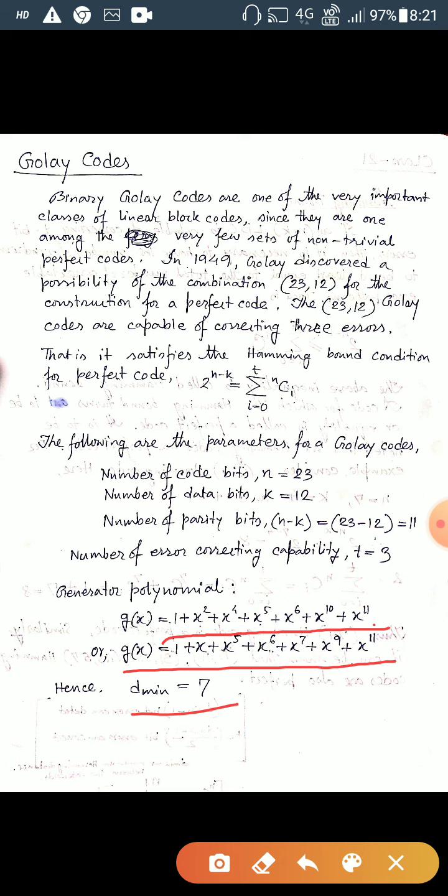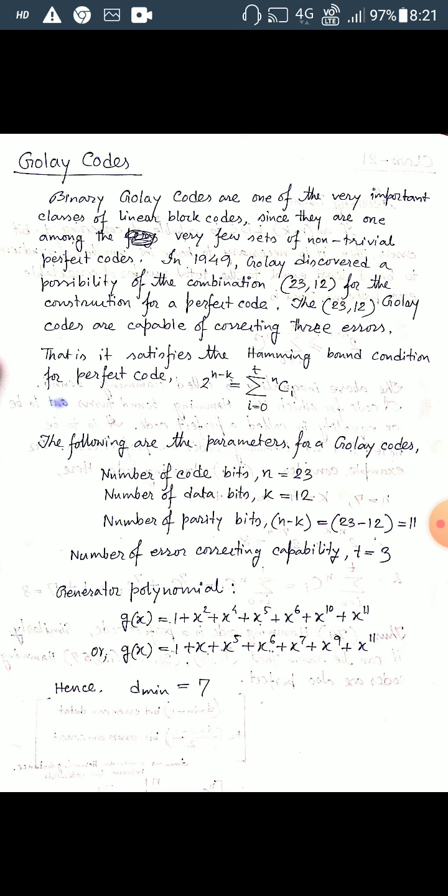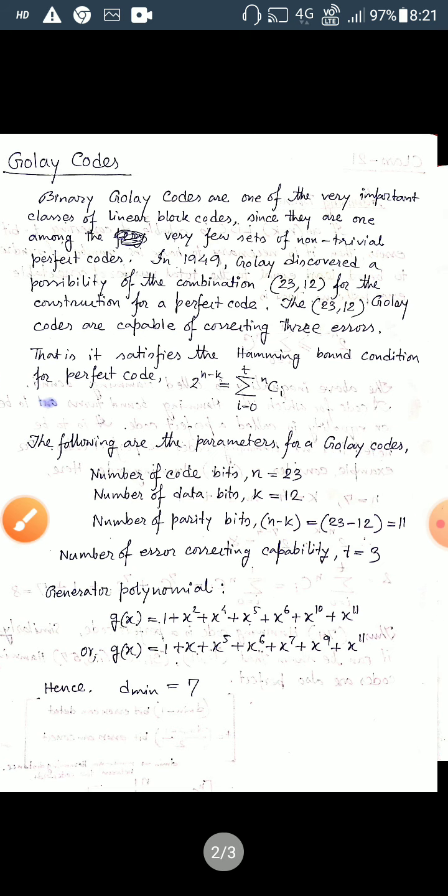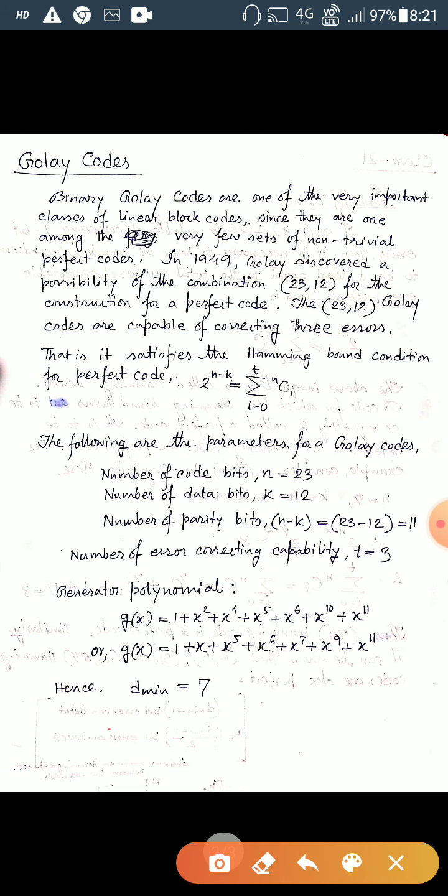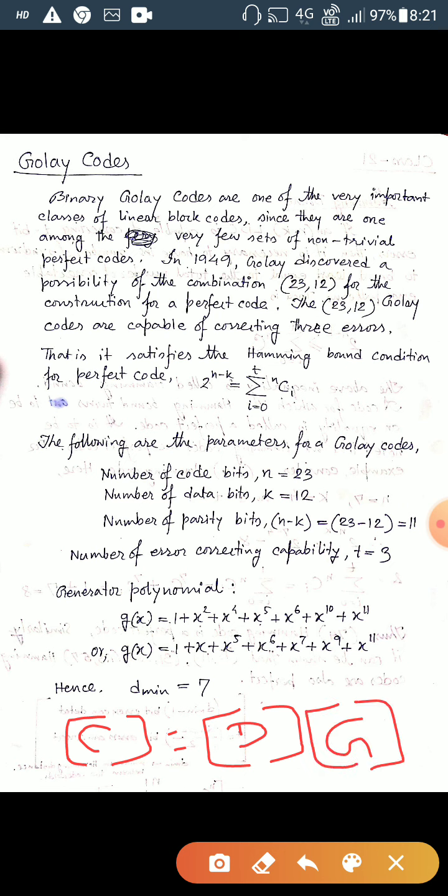So if you know the generator polynomial for the code, you can also identify the code, because we know that the code C is equal to D times G. Here G is given to you and K is equal to 12.